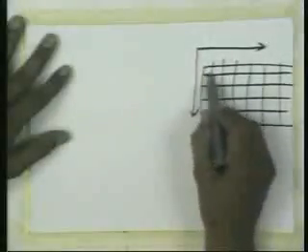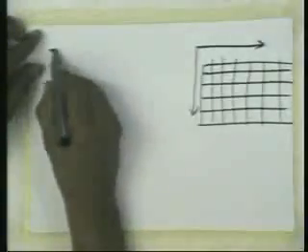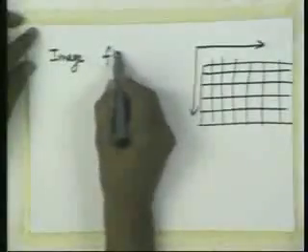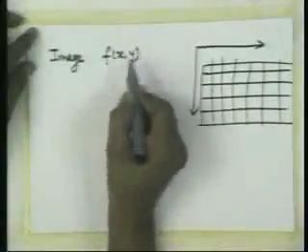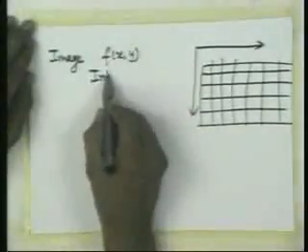Each of these pixels has some intensity value. So my image is written as some function of x, y, which is the intensity.